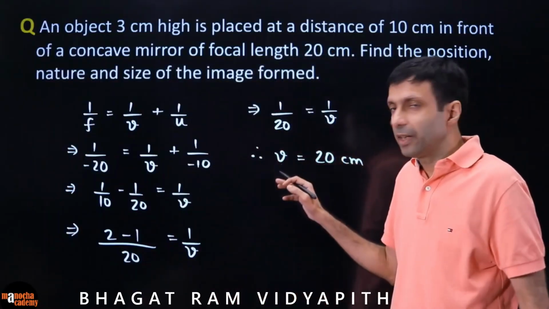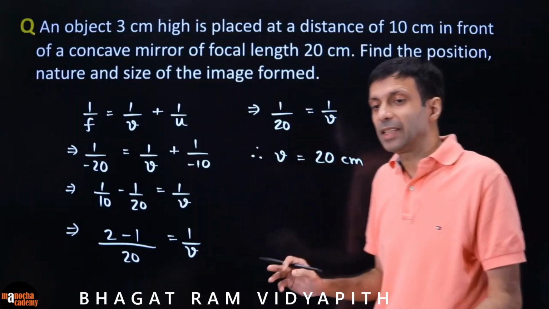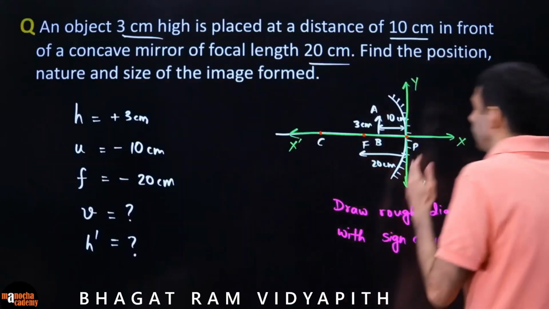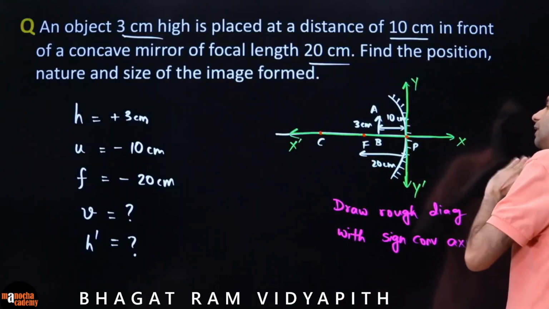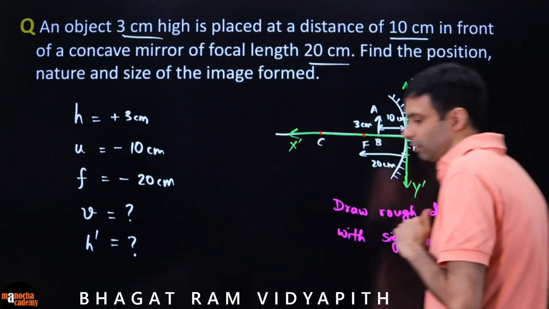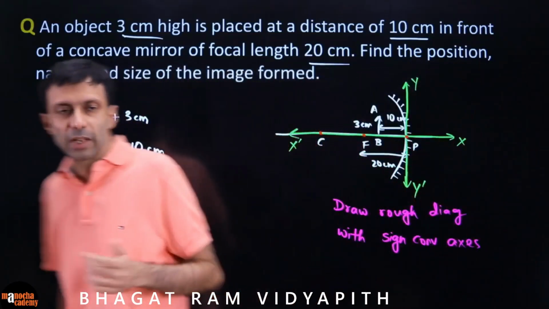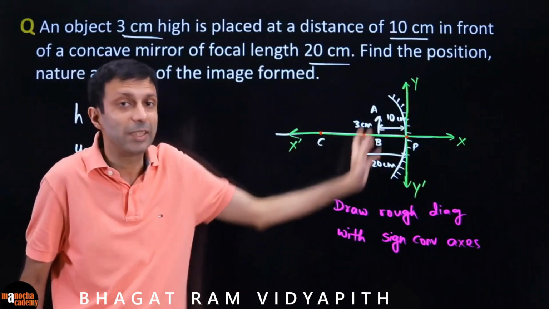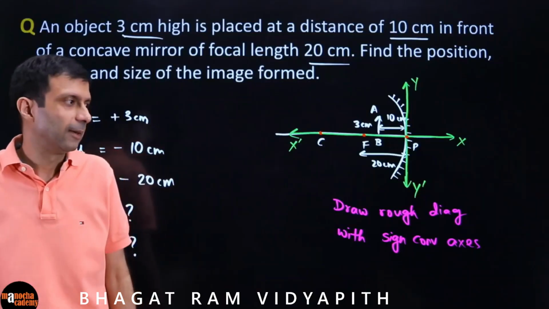Now is it positive or negative? Positive, which means if we go by the sign convention, the image is formed along the positive x-axis. And did we expect that in this concave mirror? Did you guys expect the image to be formed on the positive x-axis, which means behind the mirror? Yes or no? Tell me.